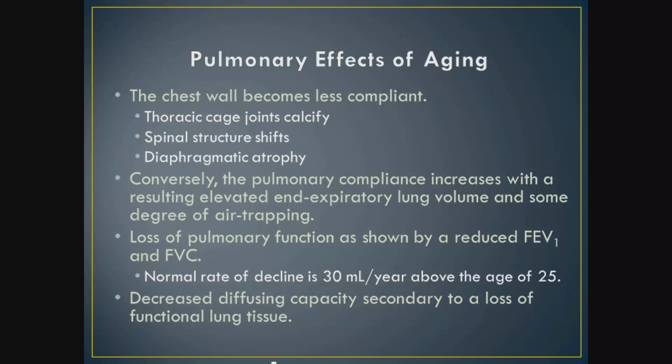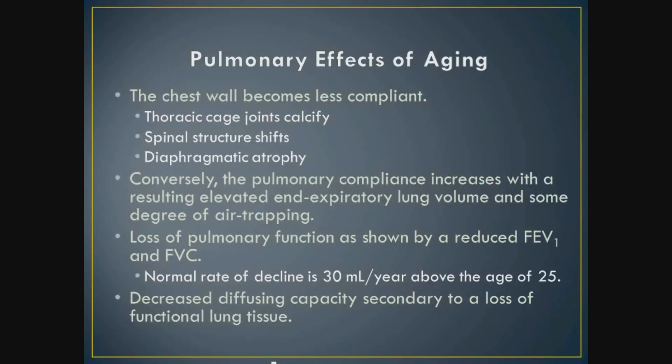On the other hand, we end up having pulmonary compliance increasing, so thoracic wall compliance goes down. Pulmonary compliance, actually, the lung becomes a little more floppy. We start losing elastic fibers, and we end up having air trapping going on. And we basically end up having a decline of about 30 milliliters of FEV1 for every year that we continue on past the age of 25.